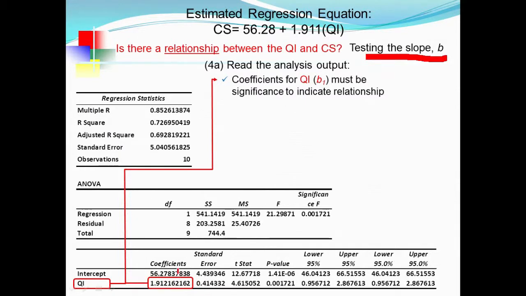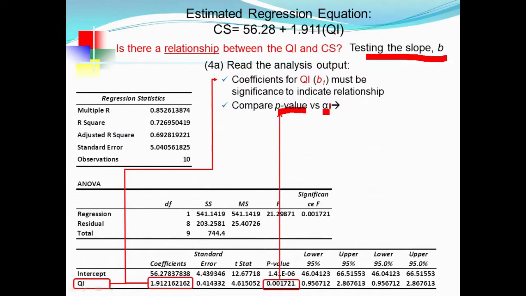Okay, so now we want to see whether this beta value is significant or not. So we have to compare the p value for quality inspection with the alpha value. This is the p value for quality inspection, 0.001721.